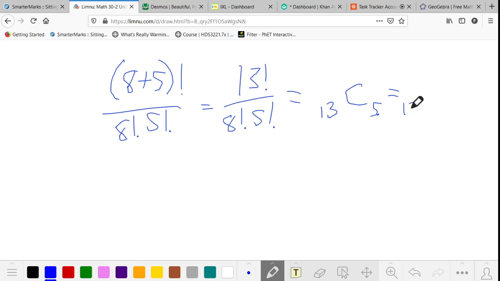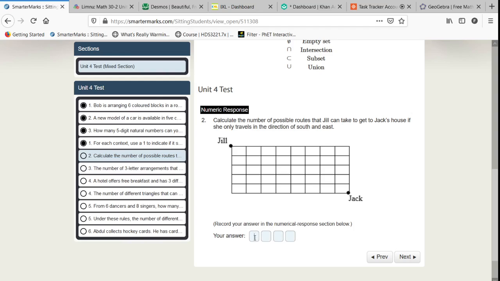And because of the symmetry, that's the same as 13 choose 8. So a little bit of calculator work there. There's 1,287. Any questions about this one? Okay.